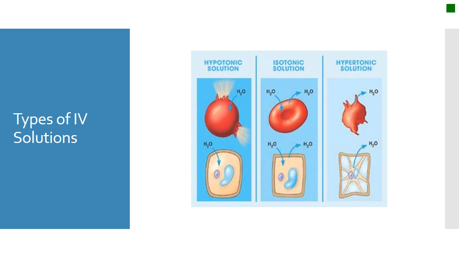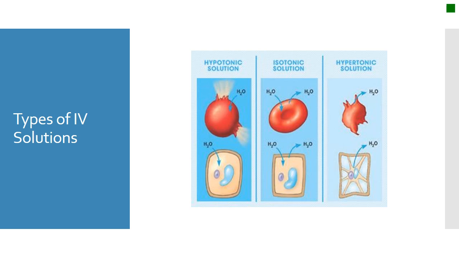So in a hypotonic solution, there's less of the concentration, which makes the cell swell up as the water moves into the cell. Remember, this is all trying to create an equilibrium. So if there is less on the outside, the body wants it to be equal, so it is going to put it on the inside of the cell to equal out.